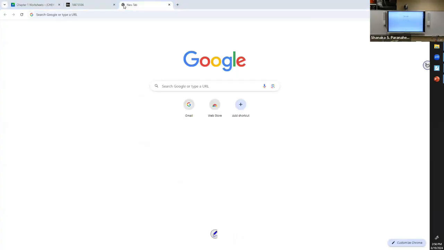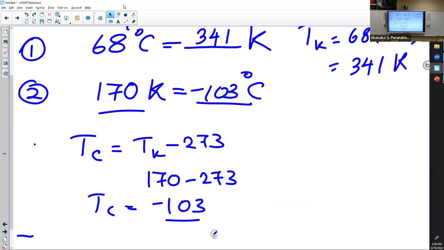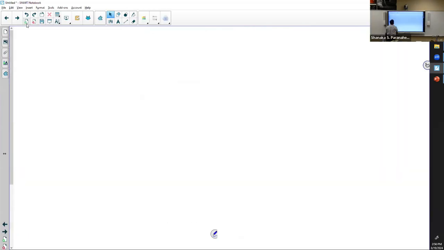So this is the... equal to how many Kelvin?